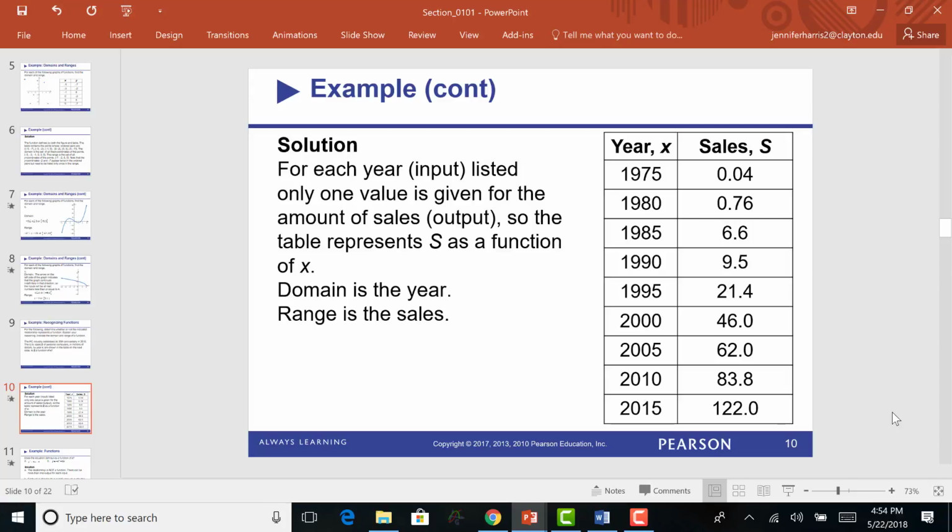It's in millions of computers. So that's 0.04 million sales. The next one is 0.76 million, then 6.6 million. We okay? Sometimes they'll have those numbers there and you think that's the actual number, but it's actually in millions.